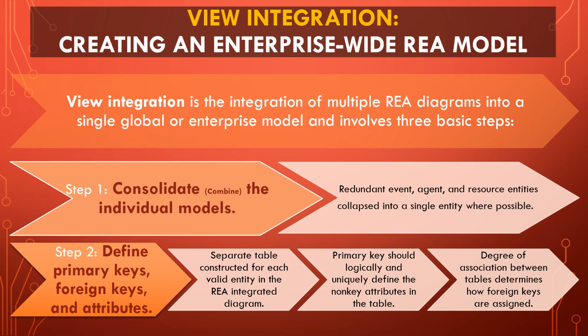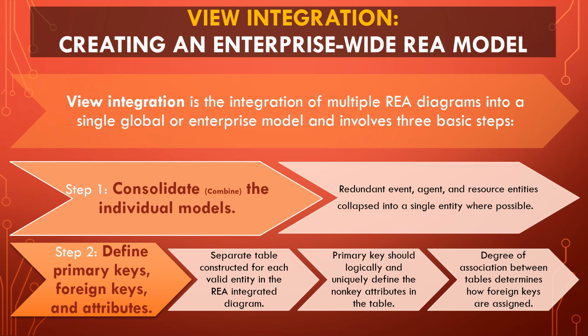Step 2 is to define the primary keys, foreign keys, and the attributes. We will explain and have tables showing each event along with the primary keys and foreign keys for each event and resource. Okay, so how to do it? We need to construct a separate table for each valid entity in the integrated REA diagram.